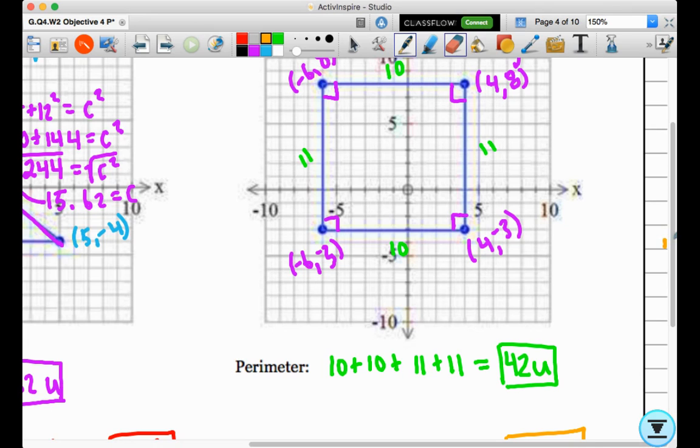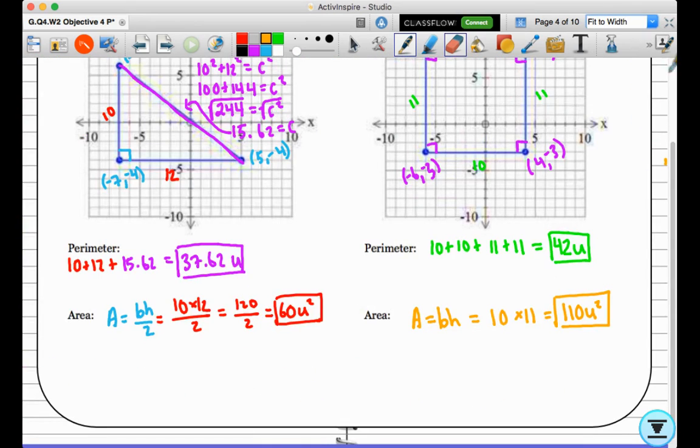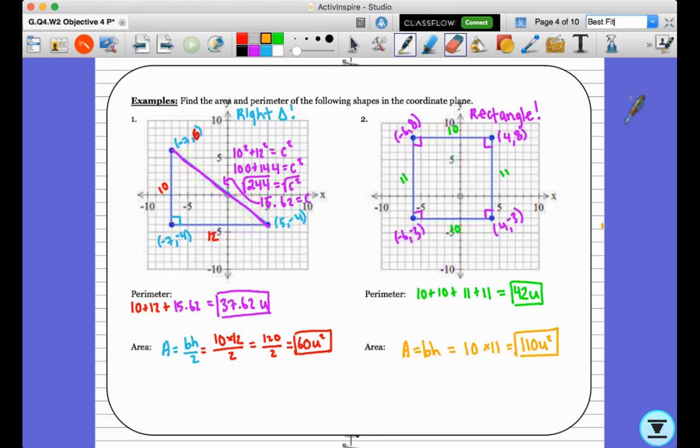That's literally what area is. Fantastic. So take a look at this, make sure you followed along with it and that you understand where we're going with this. And then see that it's really just something you have studied in the past, but we're sticking it on a coordinate grid.